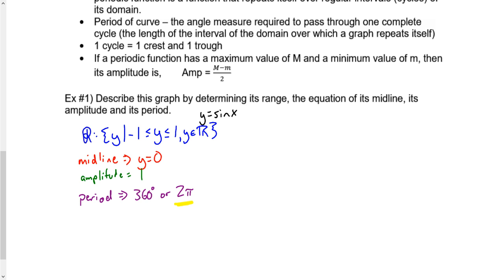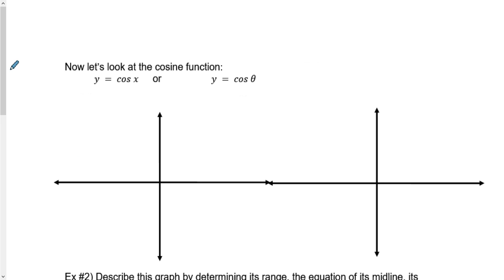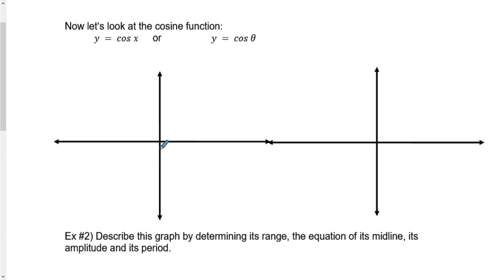All right, we're not limited to just sine graphs, because we can also have cosine graphs. And a cosine graph is split up very similarly. 0, let's see, try and make this as proportional as possible. 180, 90, 270, 360, and of course we can go back.